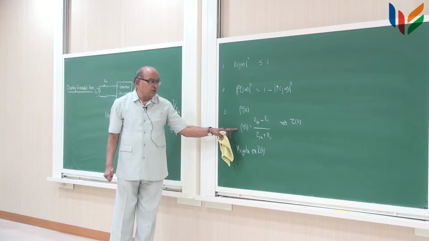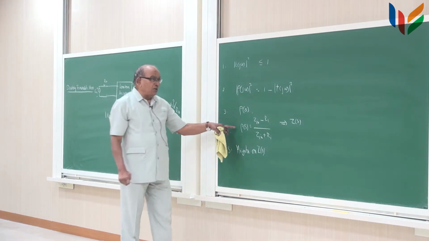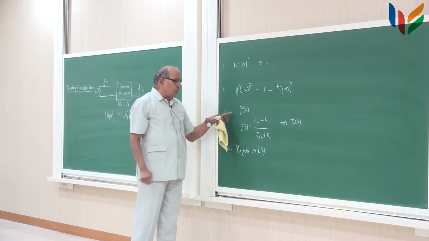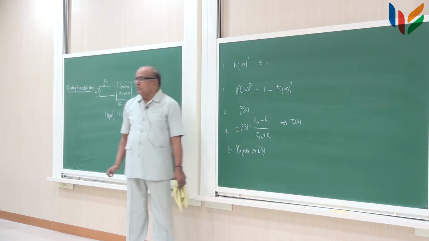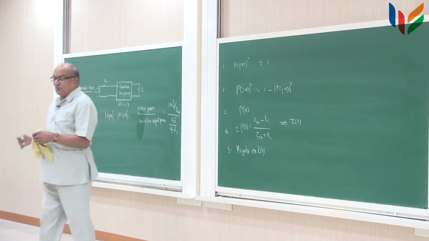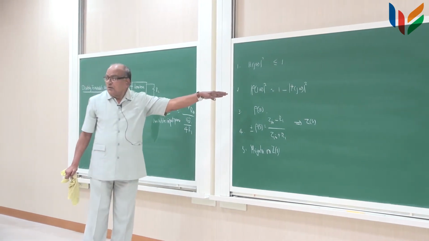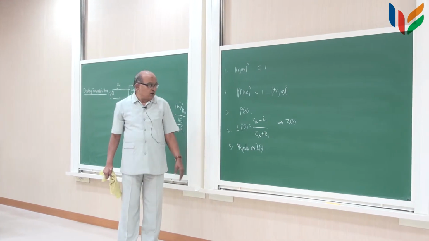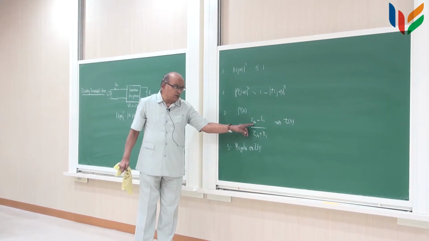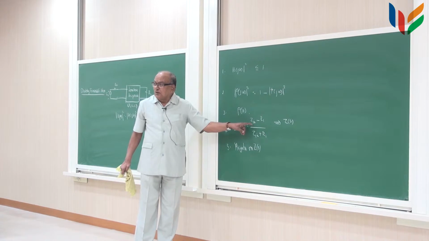While doing this, you have a freedom to choose either a plus or a minus ρ(s), because you have only defined the square function. So I can have it as plus ρ(s) or minus ρ(s). This plus gives you one Zin, minus gives you some other Zin.